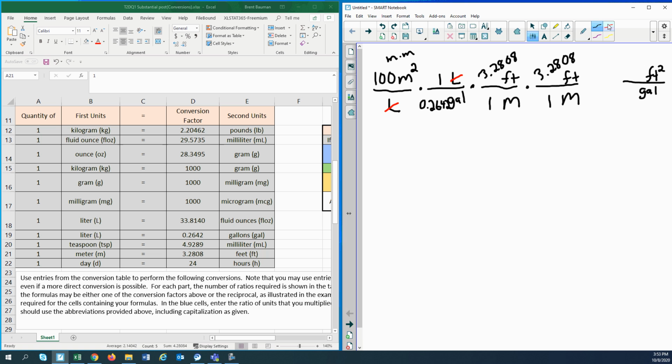And again, we can show that meters times meters is a meter squared down here. So that's going to get rid of both of the m's up top. Feet times feet will leave us with the feet squared. Okay. So now we're going to go back to Excel and fill in our values.